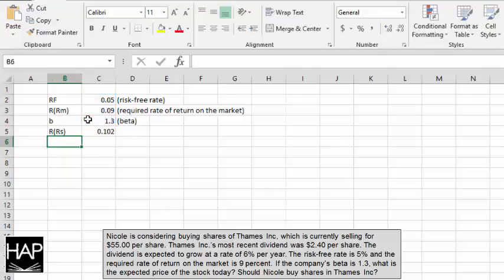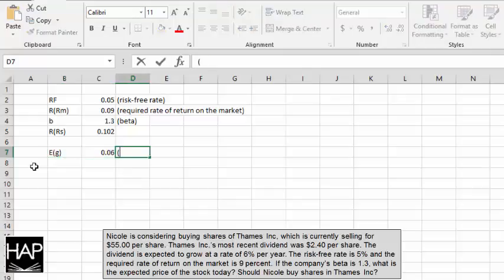And I can see that the required rate of return on the stock of Thames Inc. is 10.2%. Next, to solve for the actual price of the stock, I'm going to use the expected growth rate, which is 6%. And that was given in the question.